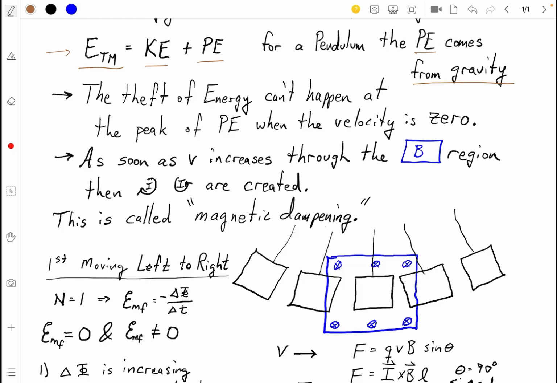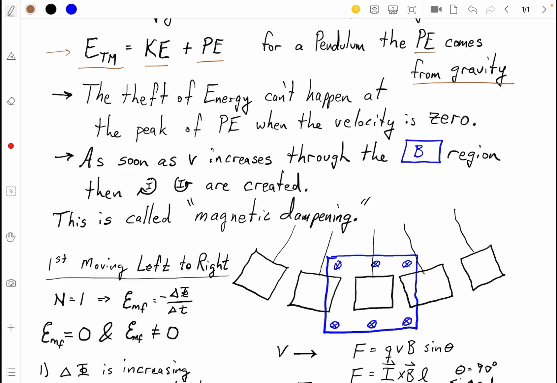All right, so as soon as the v increases through the B field range, then I or I, depending on which way it's going through, are created. So there are these two different loops, little eddies, that can be created.